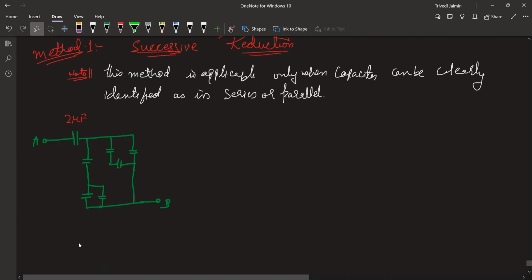Okay. It's normal only. What is there in this one?